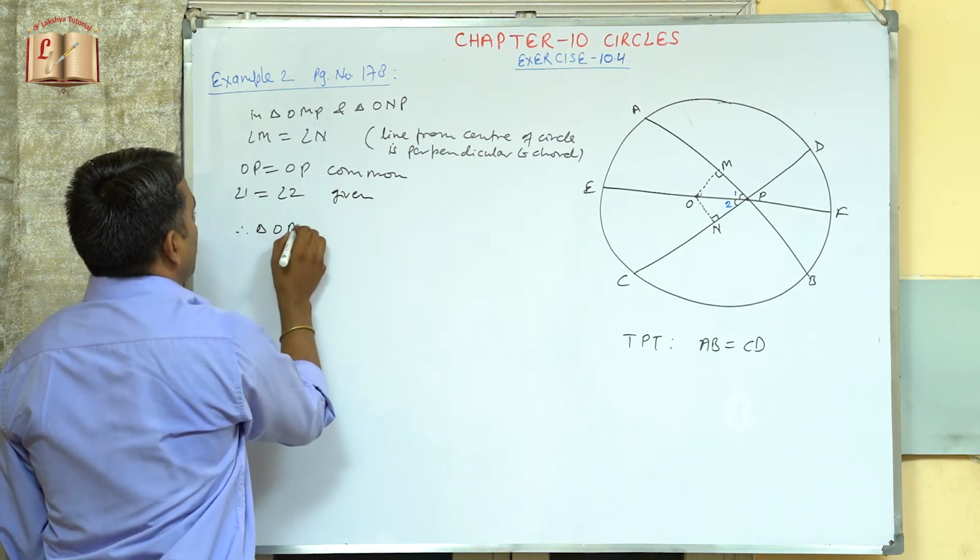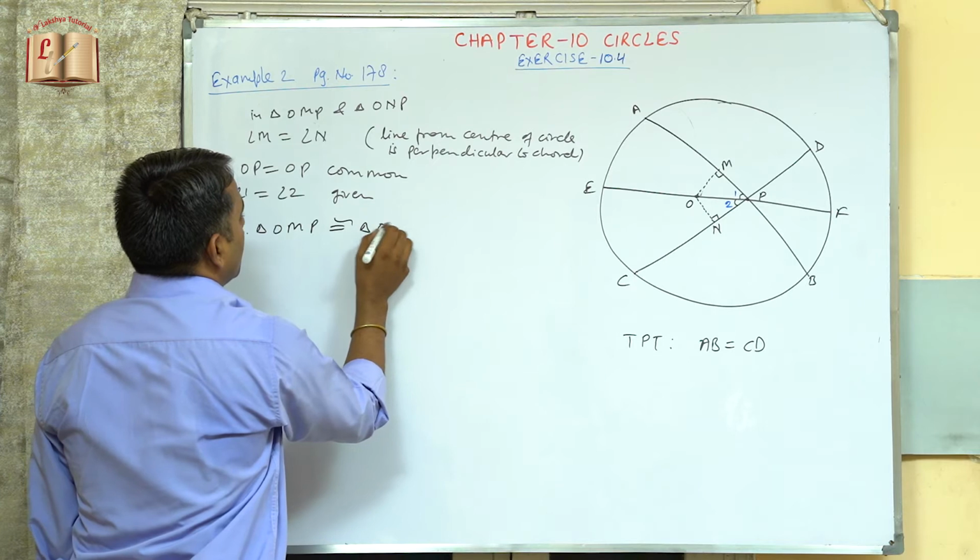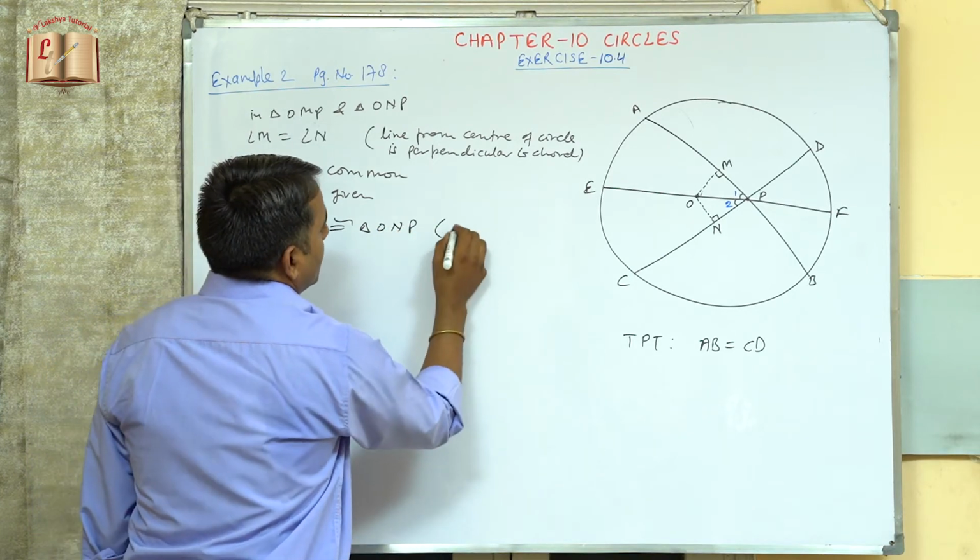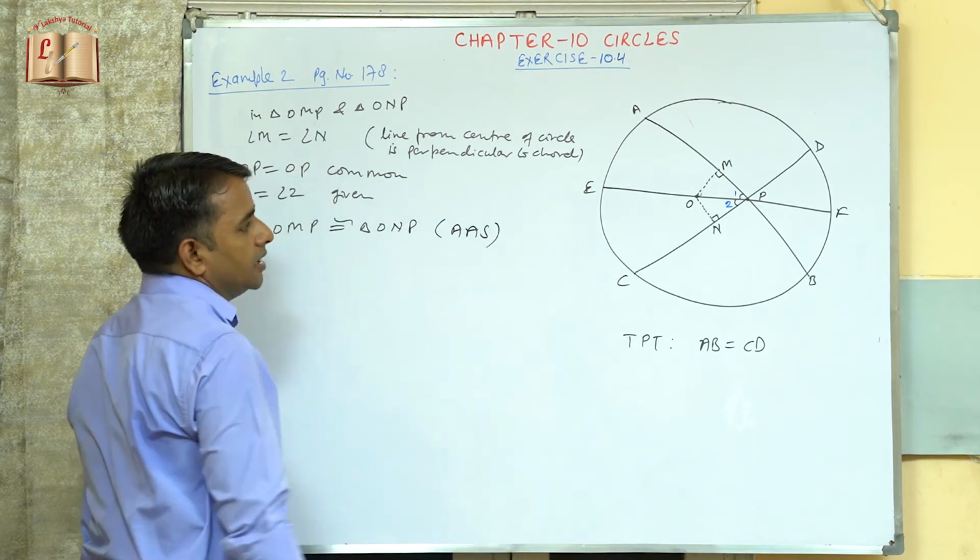Therefore triangle OMP is congruent to triangle ONP by angle side.